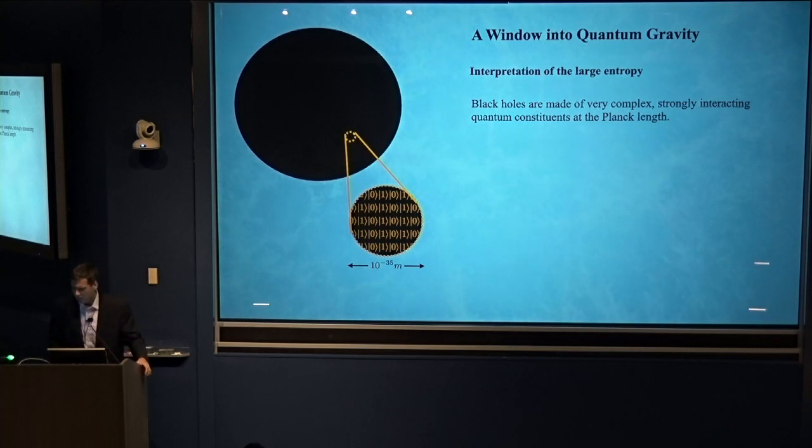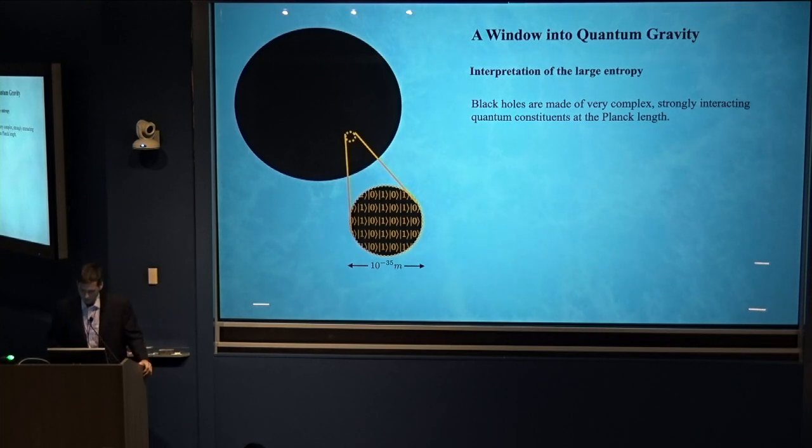Now, if this is true, which we think it is, then the consequences of this really reach beyond just black hole physics. Because as I explained, black holes are pure space-time. They're just made of space-time curvature. So if black holes are made of something more microscopic, then actually space-time is made of something microscopic.